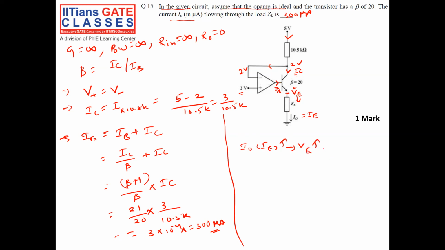When V increases, what will happen to my VBE? VBE is VB minus VE, so it should decrease. And if VBE is decreasing, the collector current, which depends on VBE exponentially, should also decrease. Then IE will also decrease. So the increase in IE is compensated by a decrease in IE.